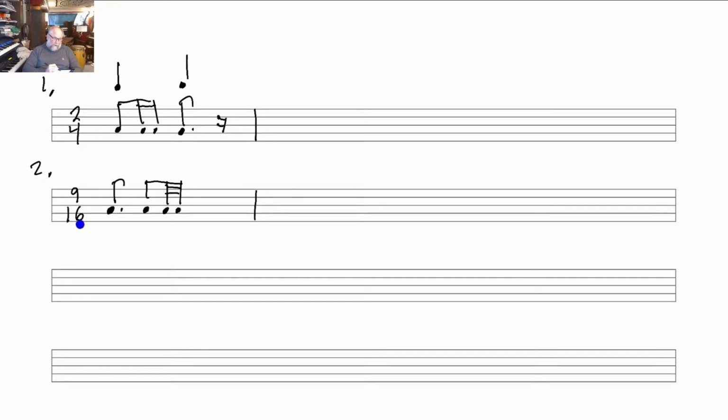A dotted eighth or 3/16. You can think of it either way, and you should think of it both ways. That's the beat note. Well, then beat 1 is super easy. I'll tell you what, I'll put that underneath just to keep things clear. So I'm going to put a dotted eighth here to show beat 1.